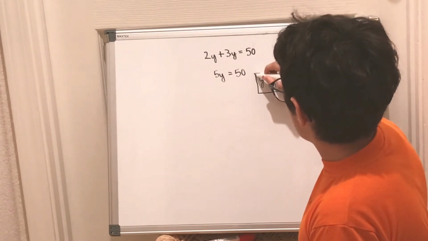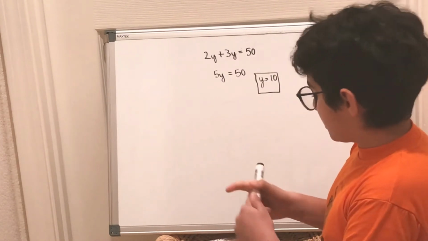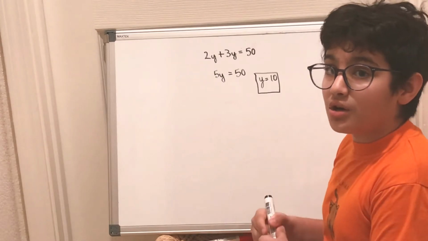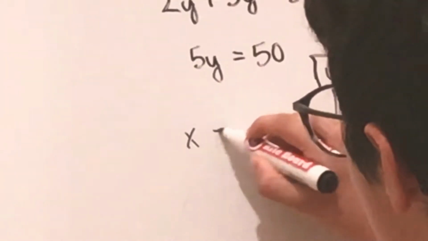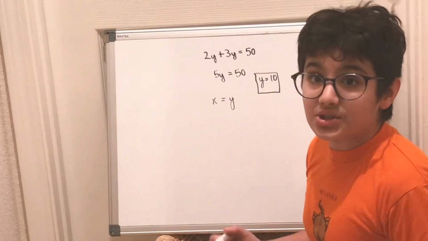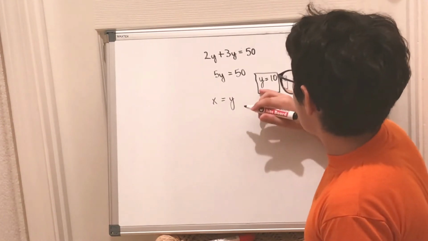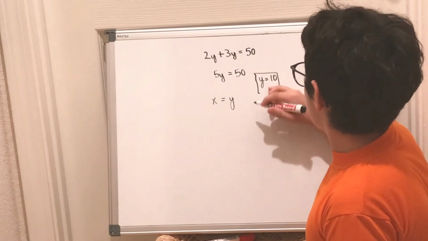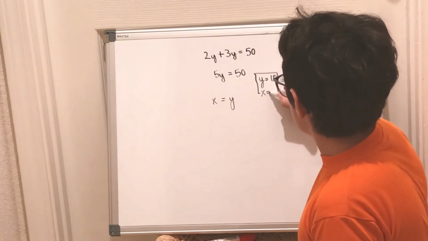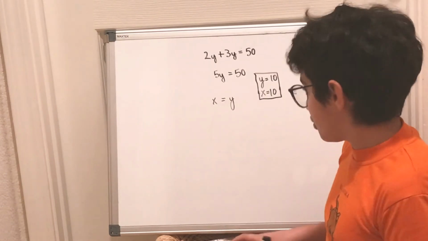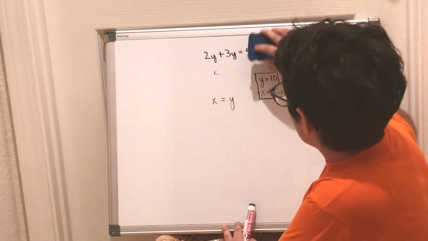And now we just have to figure out x. Let's go back to when we realized that x equals y. If x equals y, then x is also 10. X equals 10. And now you just want to make sure, you can go back to your original equation.